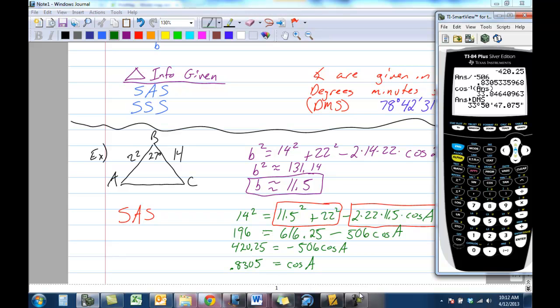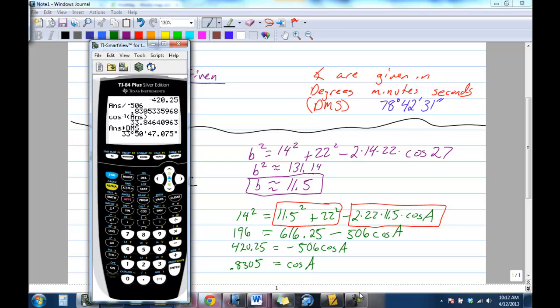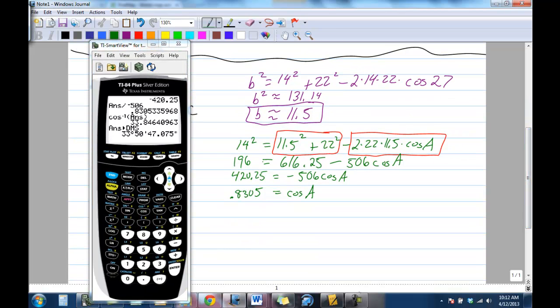Now we are going to round to the nearest minute. Now, since we're rounding to the nearest minute, this is going to be angle A is 33 degrees and 51 minutes. Now, why did I get 51 minutes? This is only 47 seconds.